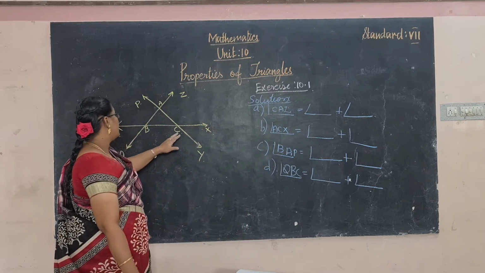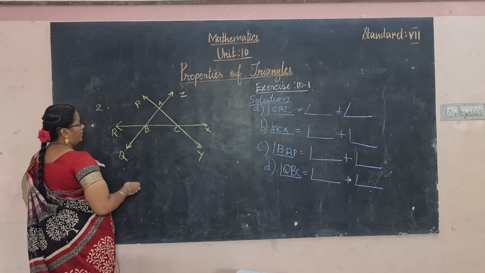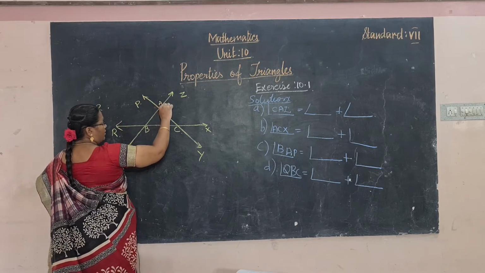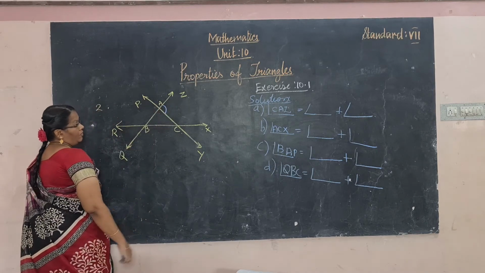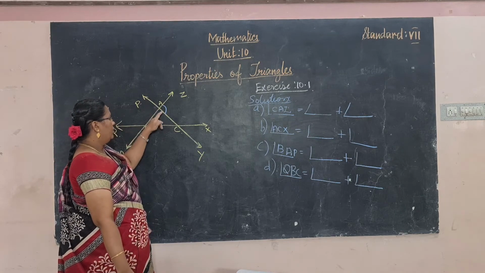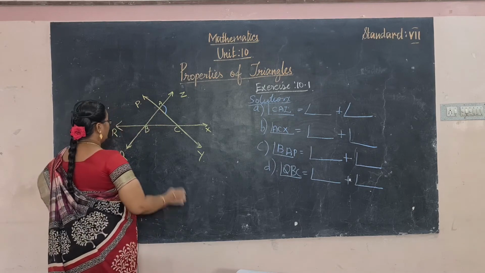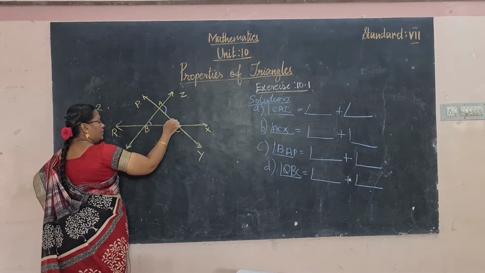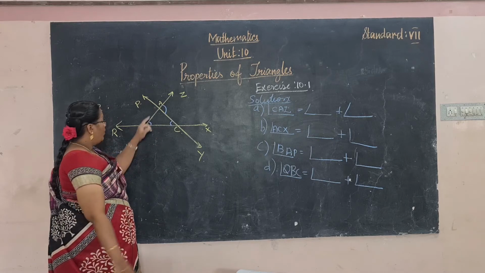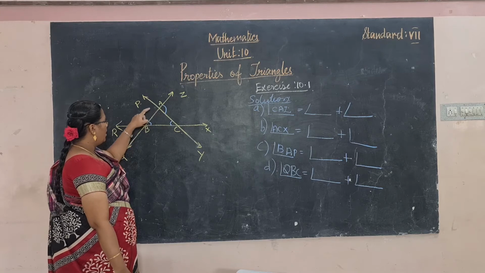CAZ. Where is CAZ? So it is an exterior angle. What are the opposite interior angles? These are the opposite interior angles. So how can you write that?